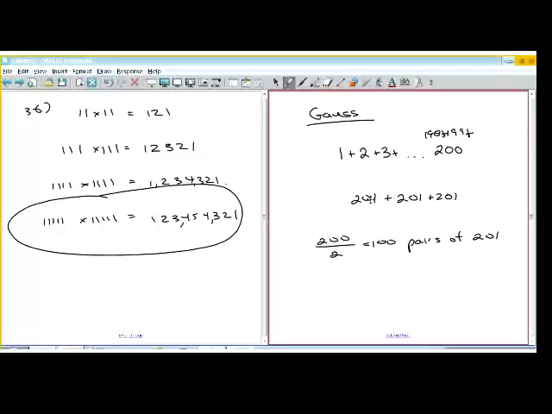It means there's going to be 100 of the 201s when you add them together. So you take this number divided by 2, multiplied by the sum of the first and last number, which is 201. Then you get your calculator out and do that multiplication.